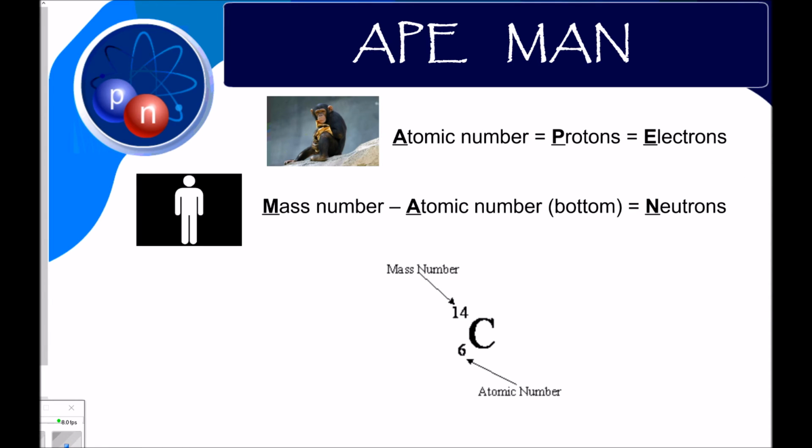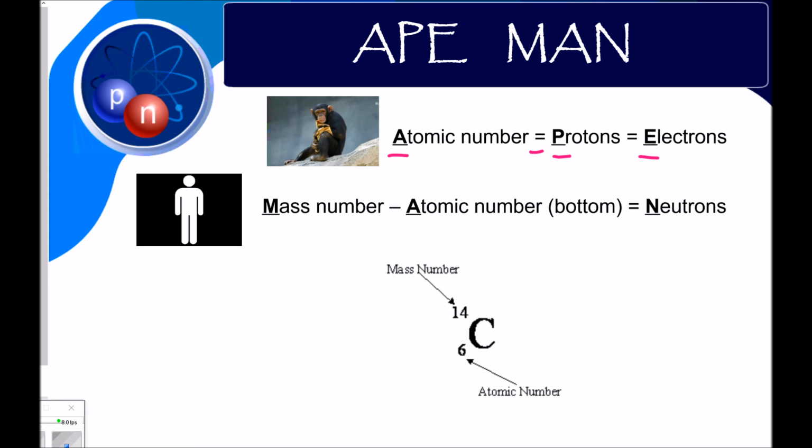I am going to want you to be able to calculate the number of electrons, protons, neutrons, and the mass number for a particular element. So we've come up with an acronym that makes it really easy for you to do this. It's APEMAN. So let me tell you what APEMAN means. APE is the first one. The atomic number equals the protons, which equal the number of electrons.